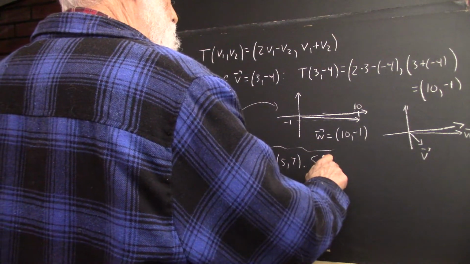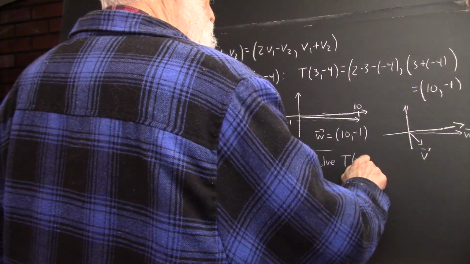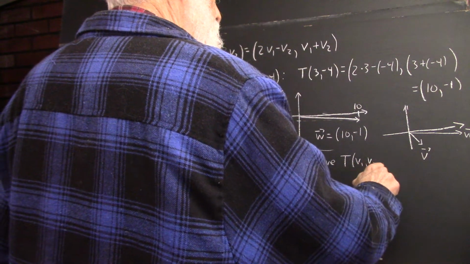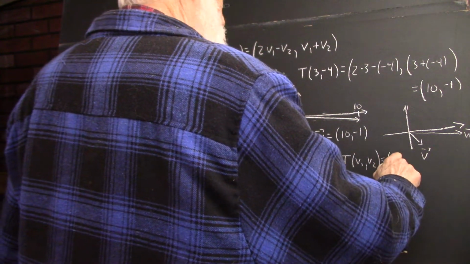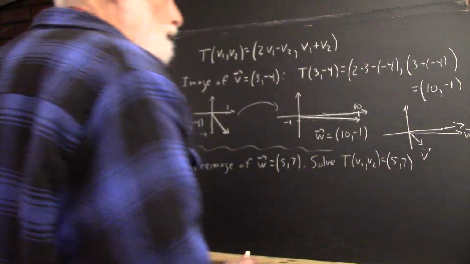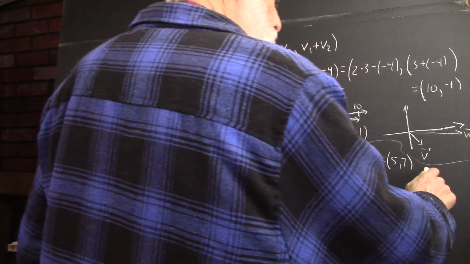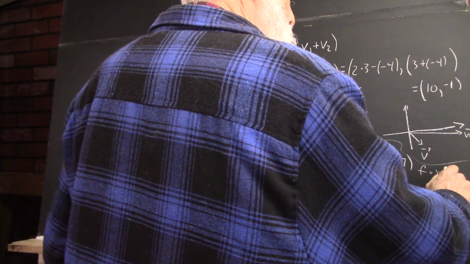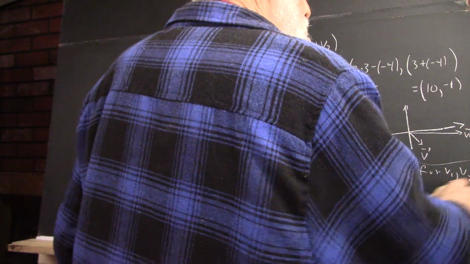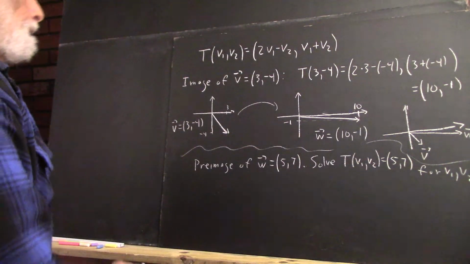This means we have to solve for v1 and v2. So we write out this equation.